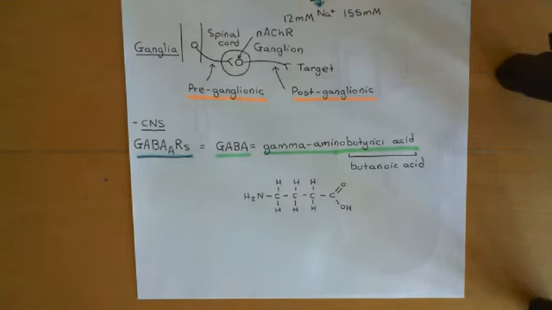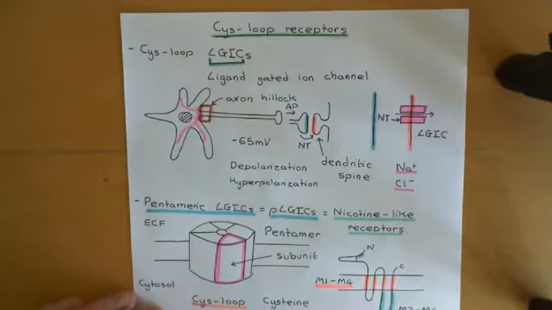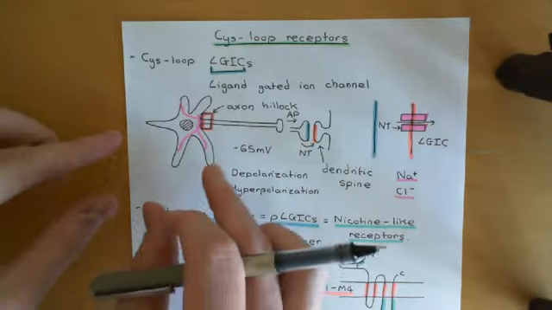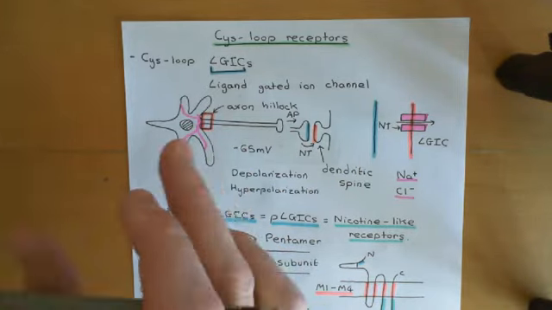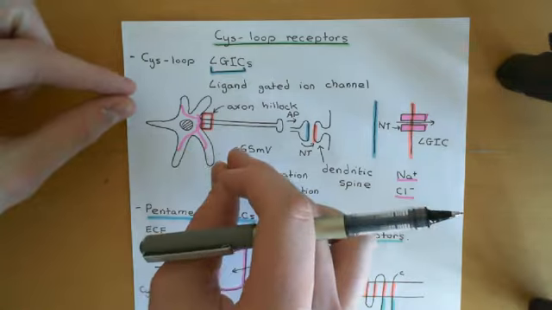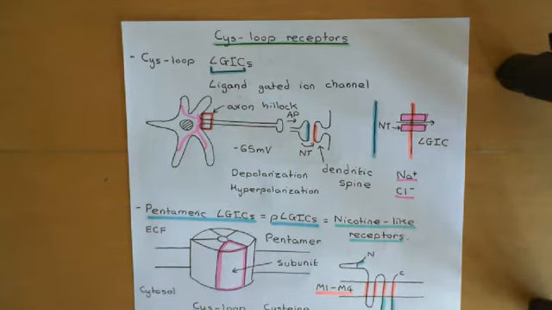So let me repeat this. If a neuron wants to inhibit another neuron, we talked about this right at the beginning, neurons have a huge number of other neurons synapsing onto them. Some of these neurons will be trying to excite them, and other neurons will be trying to inhibit them. The major excitatory neurotransmitter that neurons can release onto each other is glutamate.